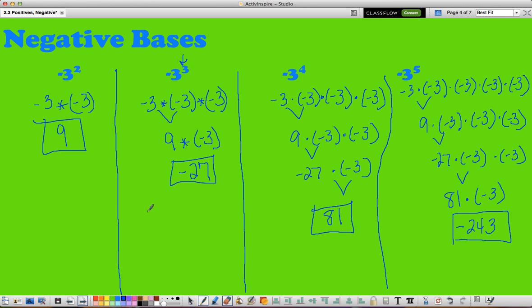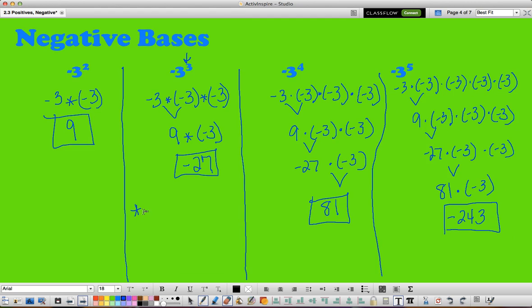Okay, so if your base is negative, and I'll type this to make it a little easier to read. If the base is negative and the exponent is odd, the solution will be negative.